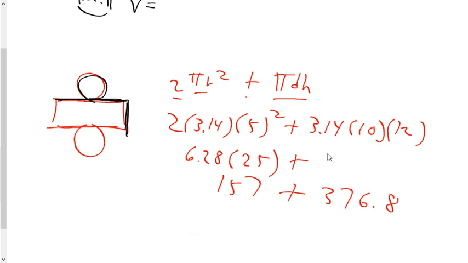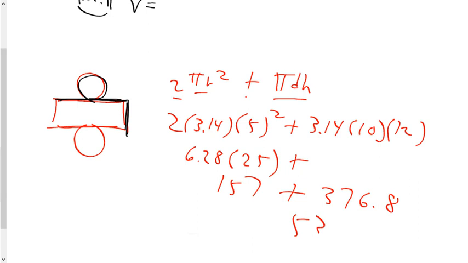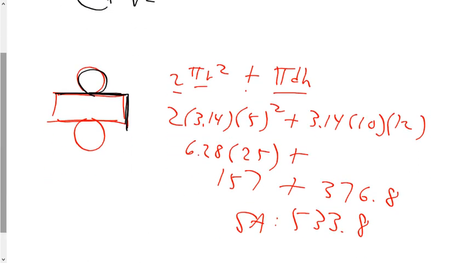And when you add those two together, the total plus 157, your total surface area. Can I put units for this one again? Nope. Is 533.8 square units of space that fits on the outside of that cylinder.